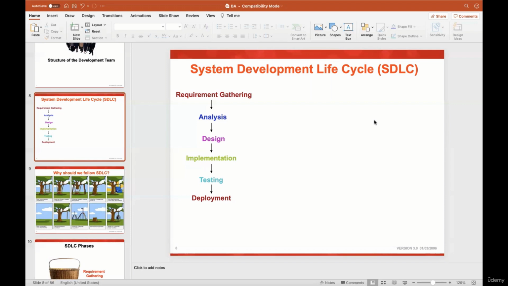SDLC is the life cycle of the project. It is the life cycle of the project.